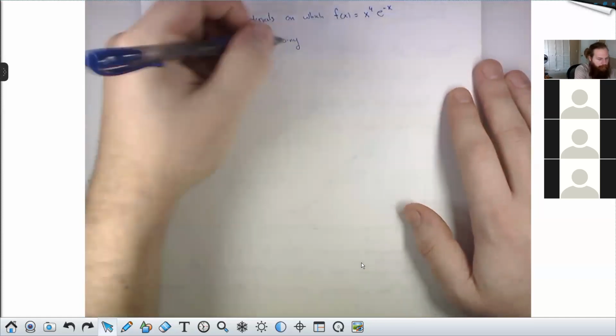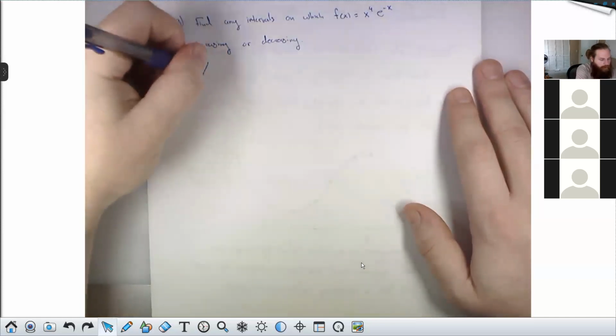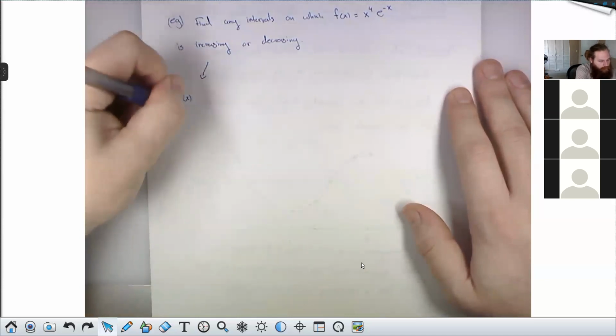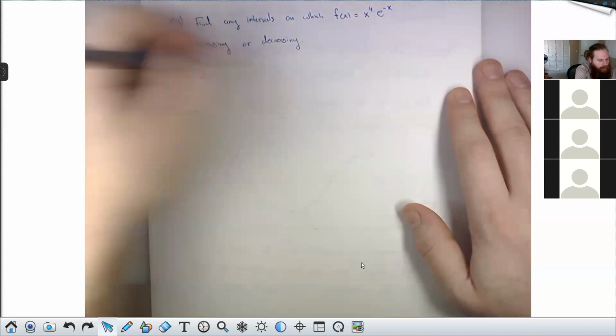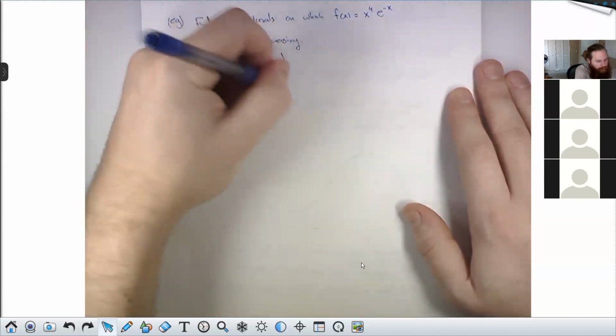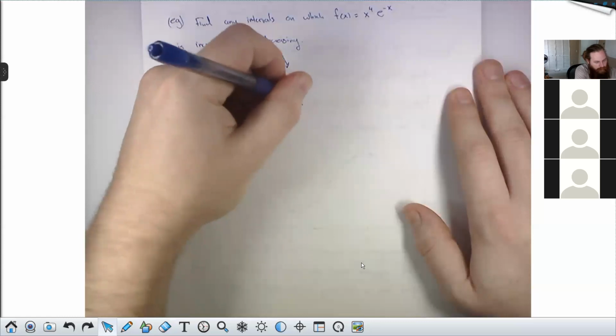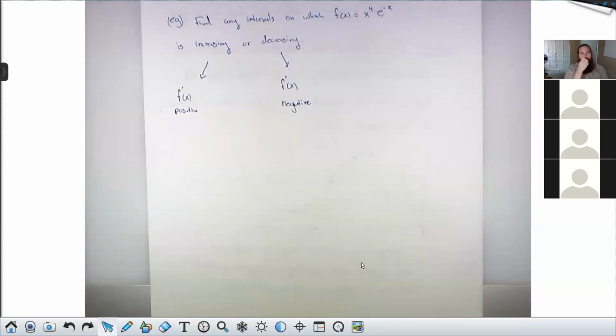So this is the problem. Remember that increasing means f prime of x is positive, decreasing means f prime of x is negative. So if I want to find where a function is increasing or decreasing, I need to find where its derivative is positive and negative.